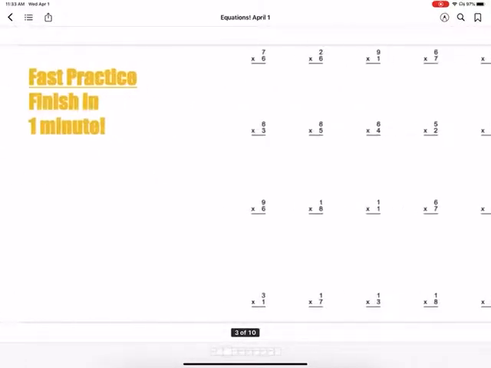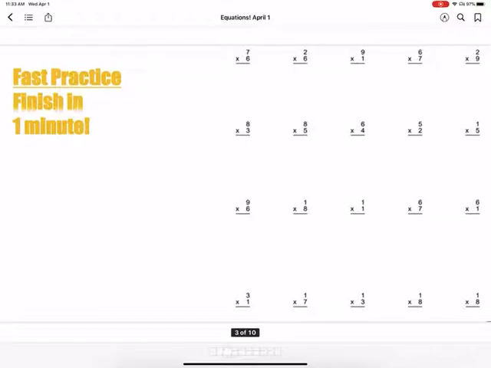Let's move on. For here, I'm going to give you about 1 minute to finish these fact practice problems, okay? Ready? I want you to look at the screen.